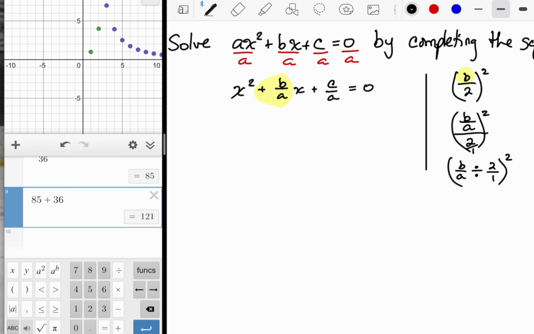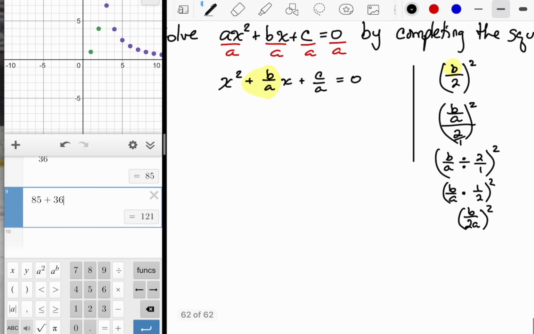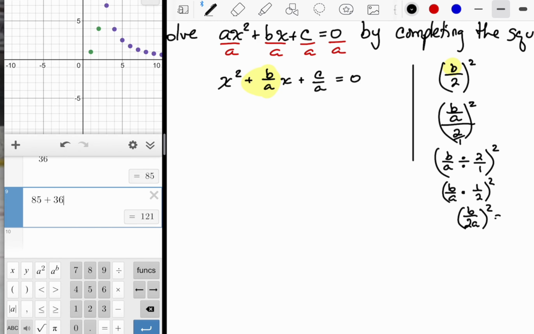When you divide 2 fractions, it's the same as multiplying by the reciprocal. Keep, change, flip. b over a times 1 over 2. If you multiply your fractions, b times 1 is b, a times 2 is 2a. Square the result, and you now have b squared over 4a squared.